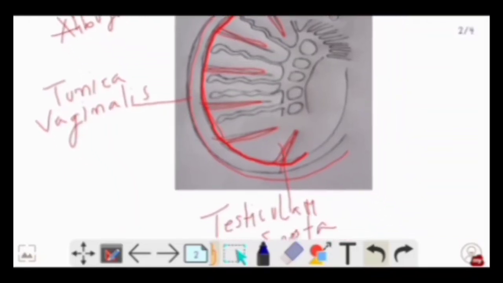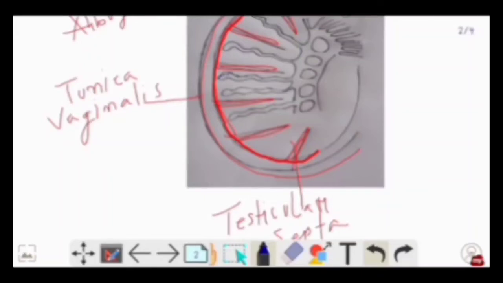Each testicular septa is known as a compartment, and inside each compartment there are some tubes. Here you can see these are tube-like structures. When these tubes come towards one side, they become a little straight. That means in the first part they are coil-like structures, and then they become straight.